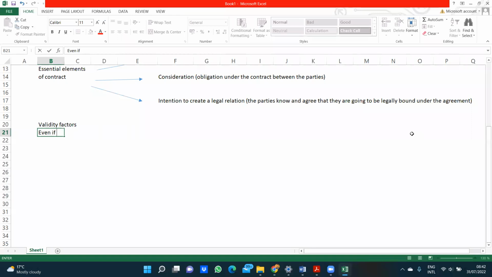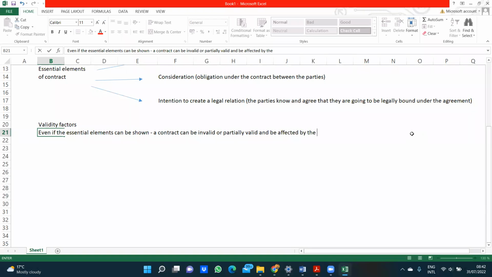Even if the essential elements can be shown, a contract can be invalid or partially valid, and be affected by the below factors.